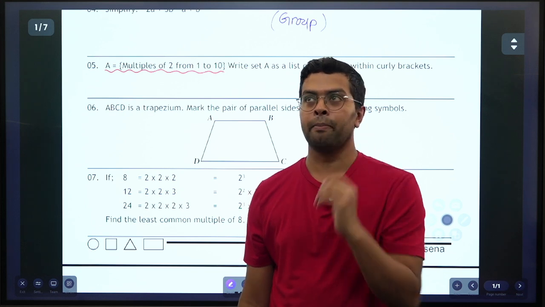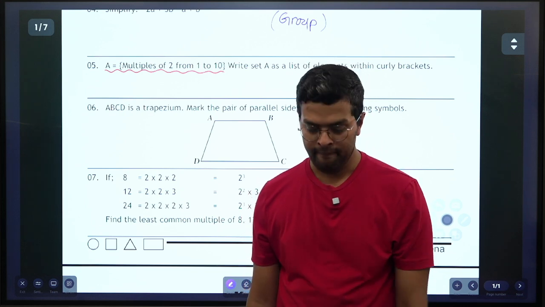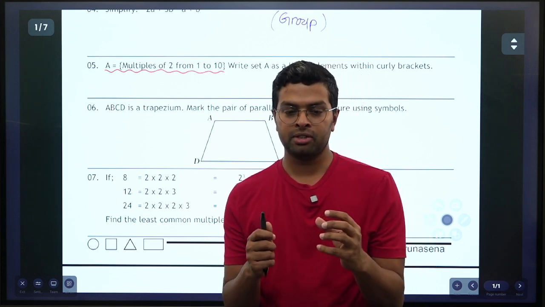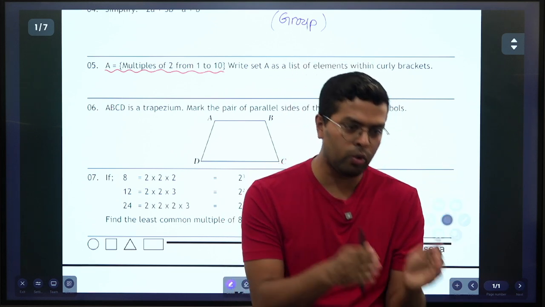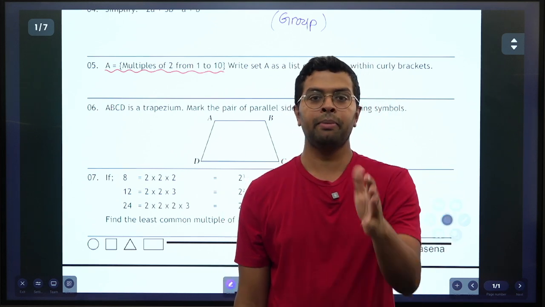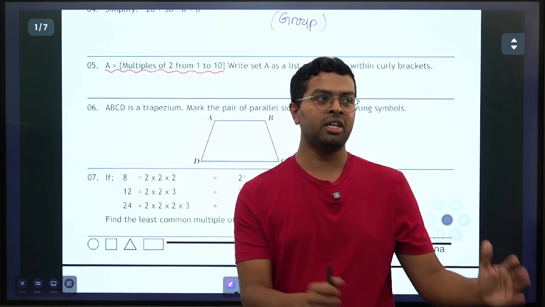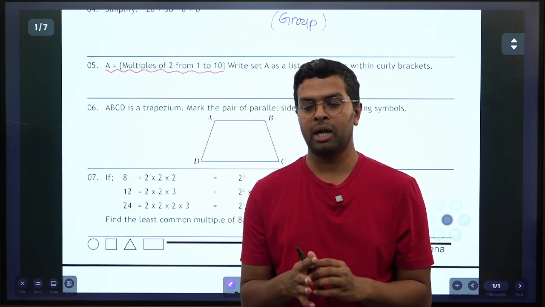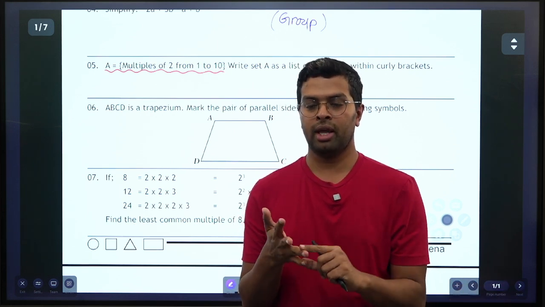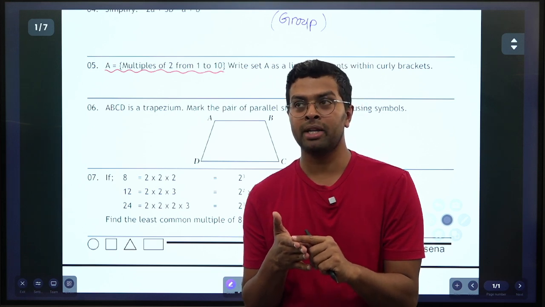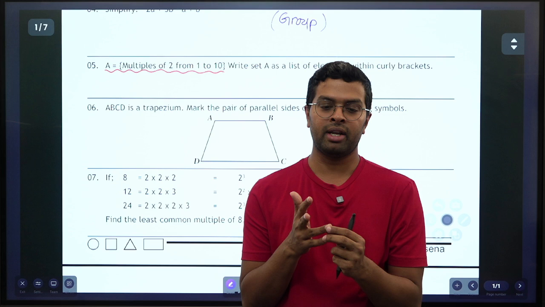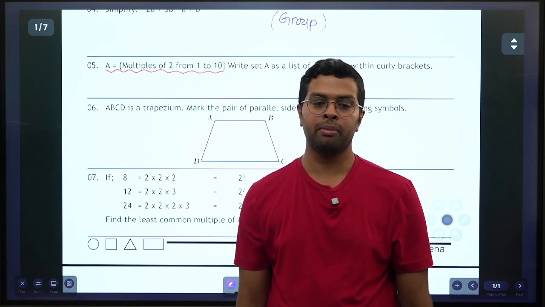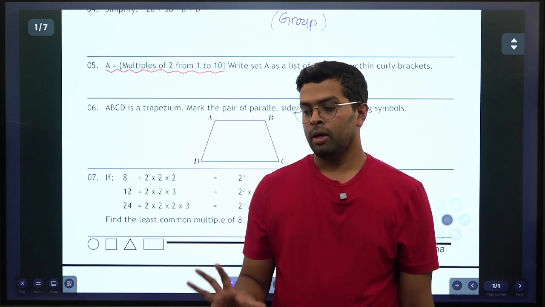For an example, let's say multiples of 5 between 0 to 25. What are the multiples of 5? 5, 10, 15, 20. Up until 25, so we will not get 25. So the answer is 5, 10, 15 and 20, multiples of 5, right?